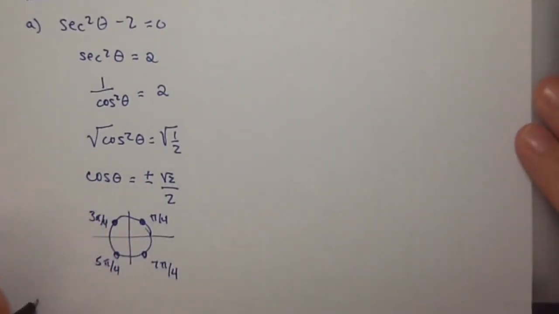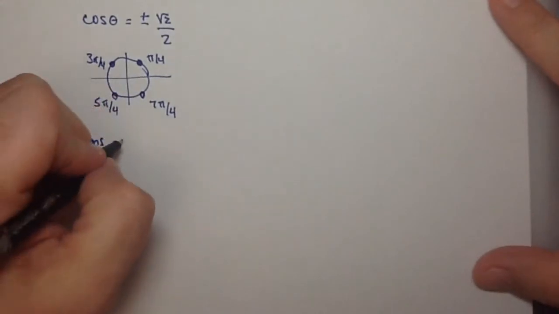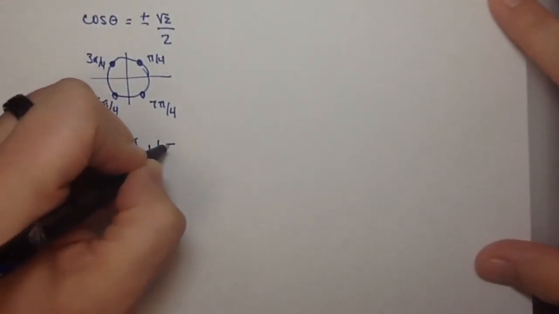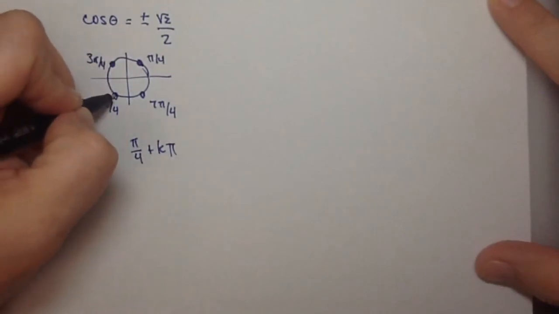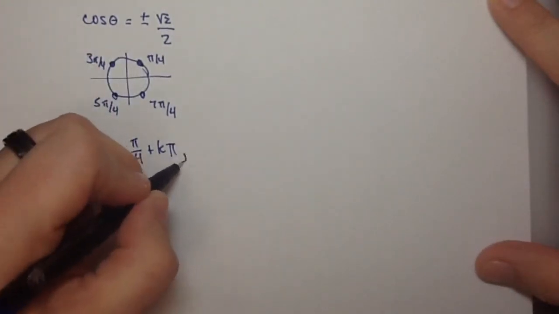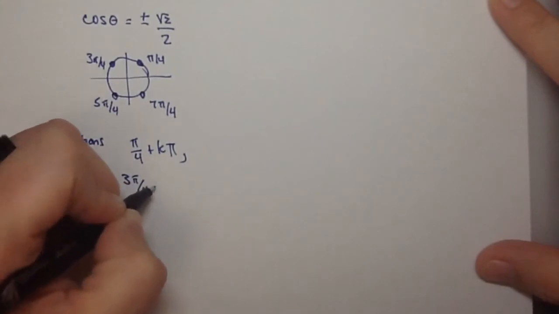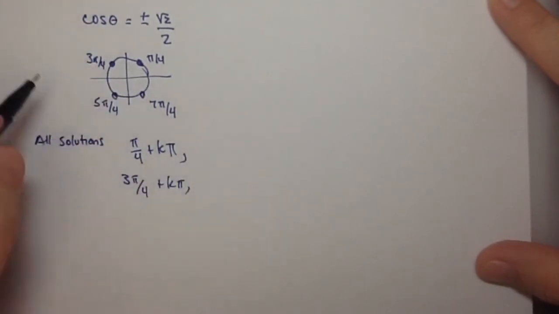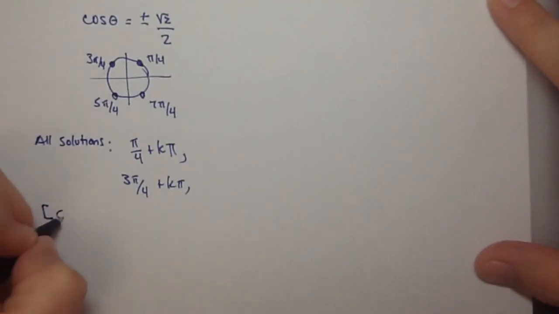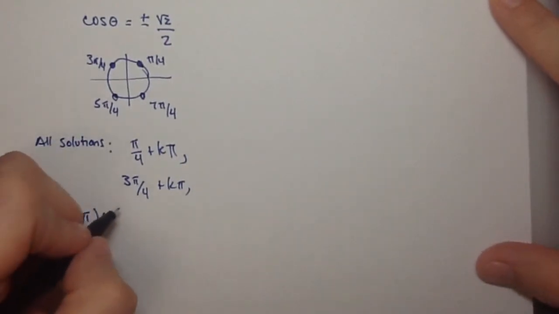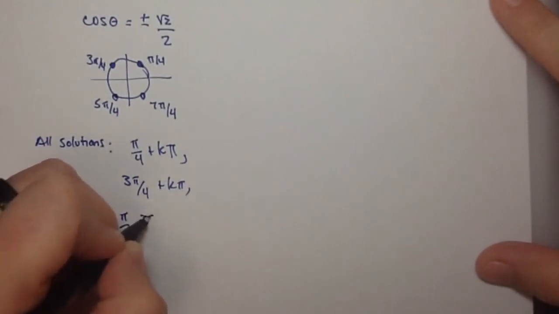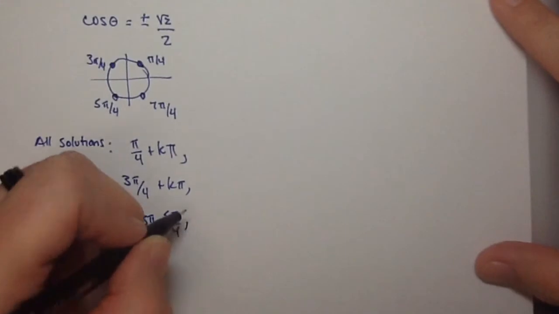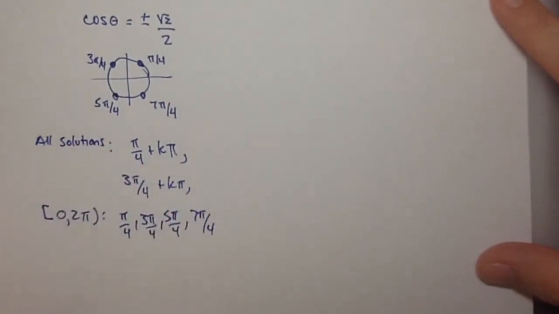Okay, so all solutions then is pi over 4 plus k pi, because that gets us here, and then back around again, and 3 pi over 4 plus k pi, same reasons. And then on the interval from 0 to 2 pi, it's just pi over 4, 3 pi over 4, 5 pi over 4, and 7 pi over 4.